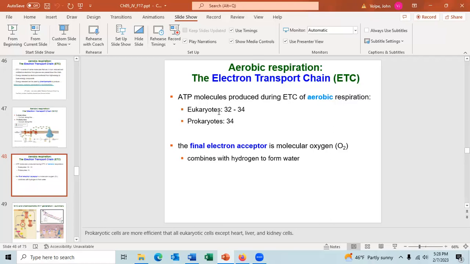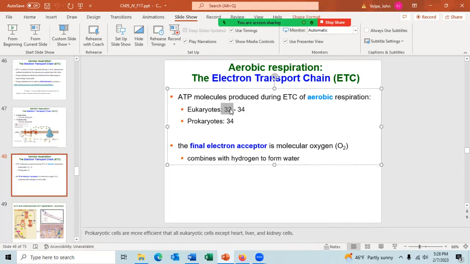And then the kidney is always purifying the blood, making urea to purify the blood. But anyways, these three organs are always working, so they're more efficient than all the other cells in our body. And they can generate 34 ATP per molecule of glucose, but all our other cells only generate 32.